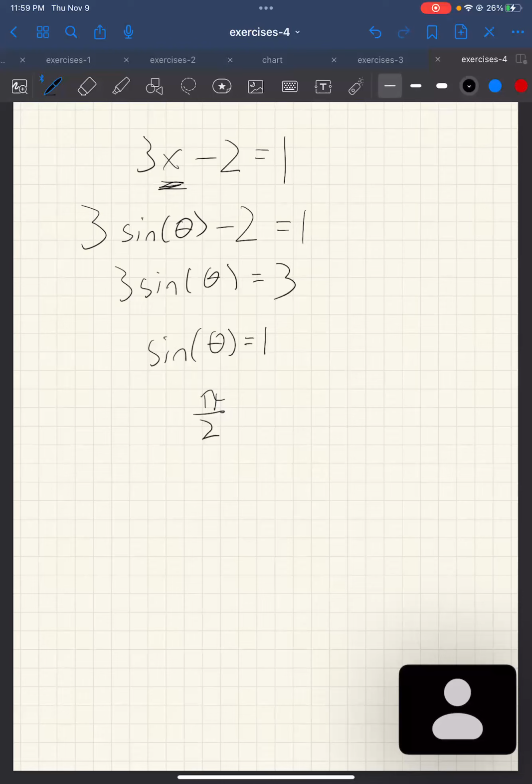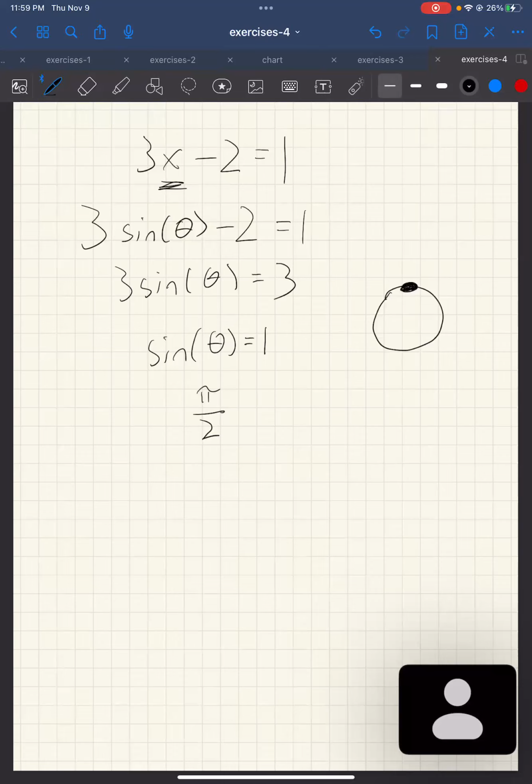But is pi over 2 the only answer? Well, there was just one answer there from looking at the unit circle, but that's because we're only showing angles between 0 and 2 pi. Really, we only care about this spot on the unit circle for this output.